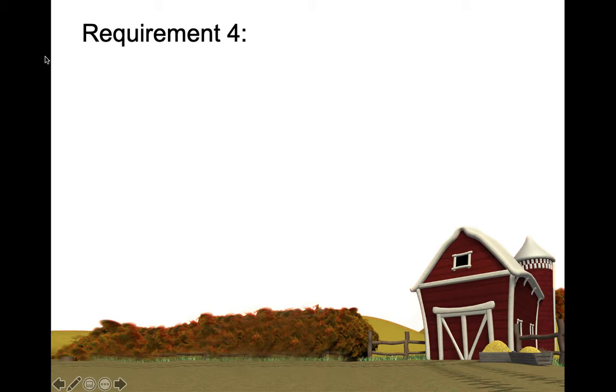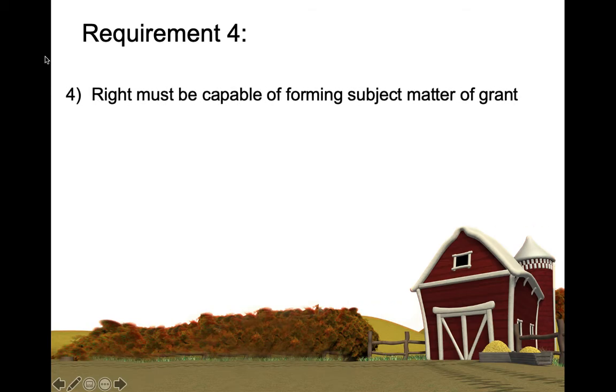So we'll move into the last requirement before looking at that list of easements. The last requirement being that it has to be capable of forming the subject matter of a grant. What that means is that we would have to have a capable grantor and a grantee, so somebody who's able to give the easement and somebody who's able to receive it.